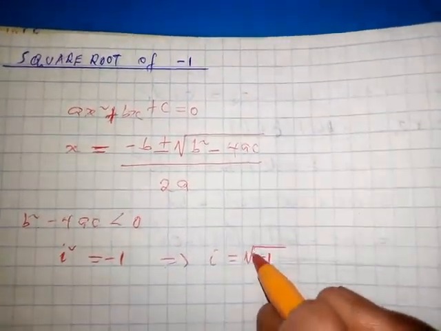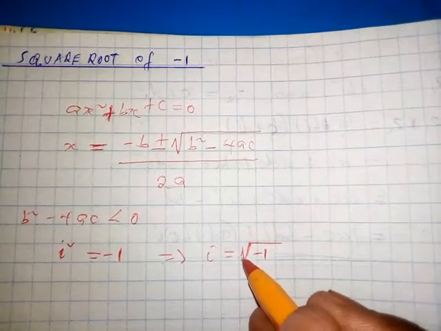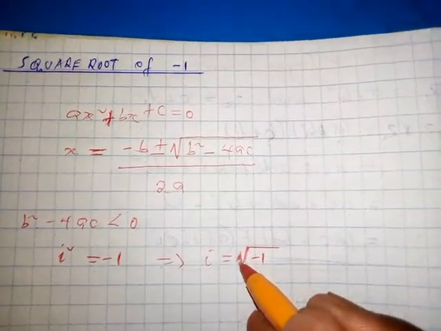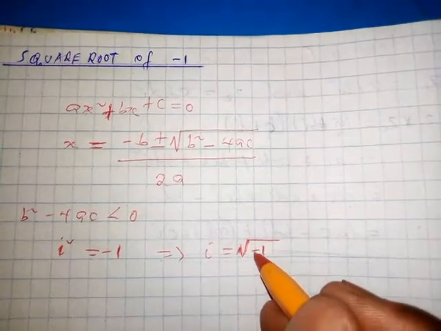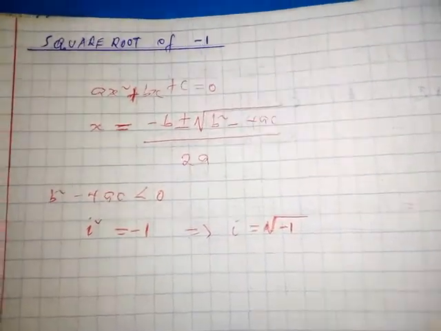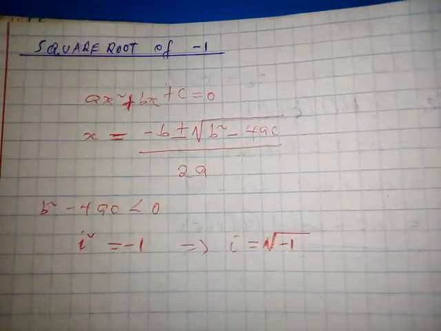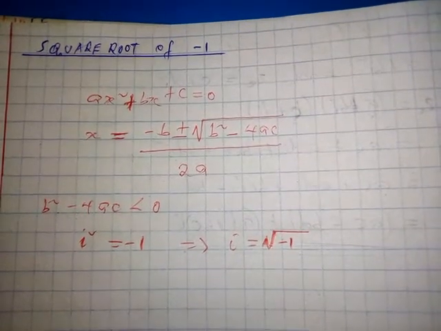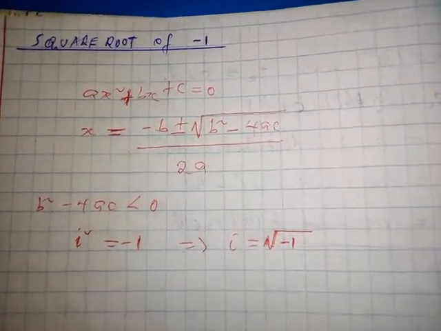So the square root of -1 is defined as i. The square root of -1 is equal to i.